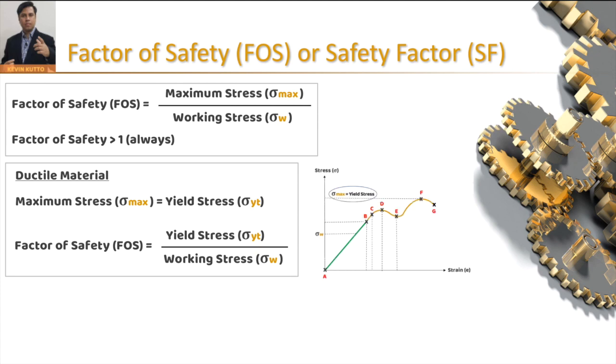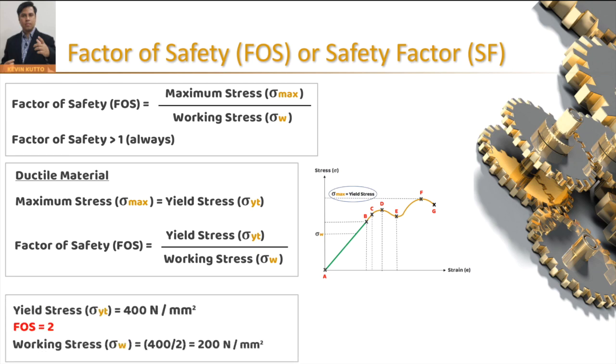And this was our stress strain curve, right? Here graphically you can see that this is my maximum stress and this is my working stress. My working stress is always below my maximum stress. Let's see with an example. In this example, we have been given yield stress, and the moment we hear about yield stress, it is ductile material. We already know that, right?